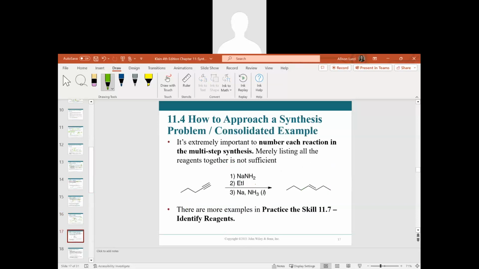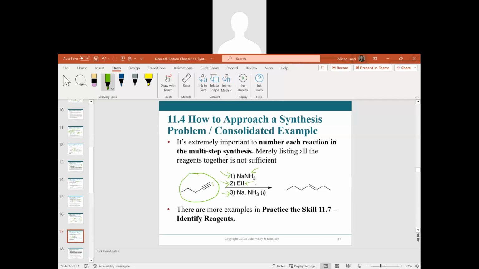All in all, you may see a problem that looks like this, where you have your substrate over here that I just circled, and then we see just 1, 2, 3 steps listed one after the other. We should know with sodium amide what results, right? We have that nucleophilic site created, and then we add using this electrophilic carbon in the ethyl iodide.